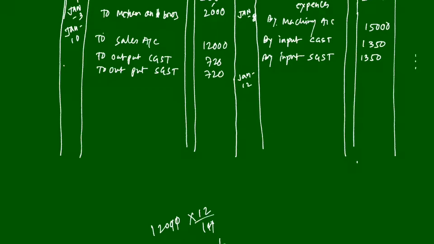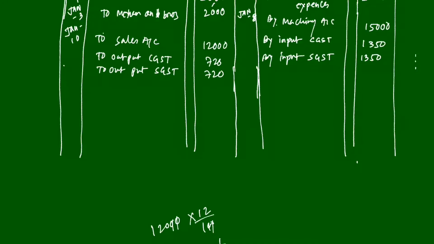Always remember, only the cash transactions come in your cash book. Any kind of credit transaction does not come in your cash book. So you don't write any ledger or journal if it is a credit transaction in the cash book. Okay. So you have to write a note after this solving.